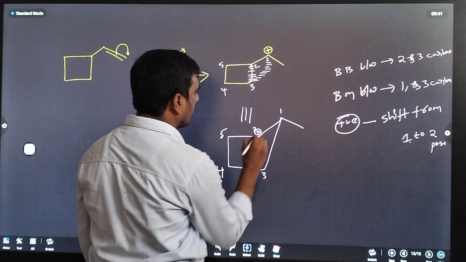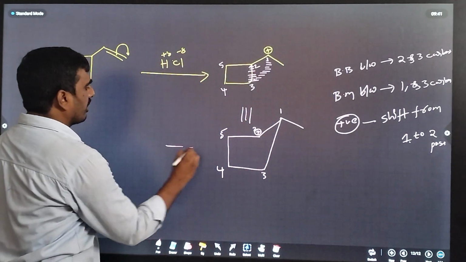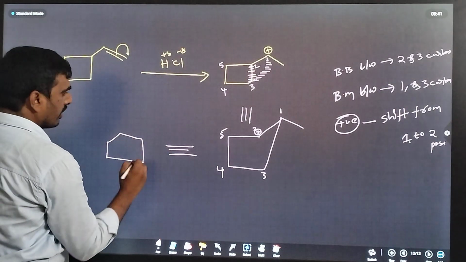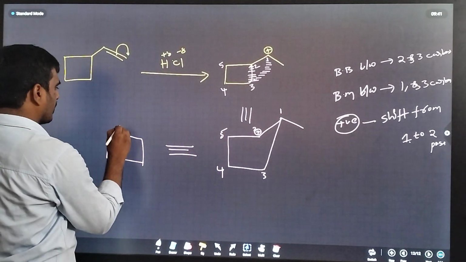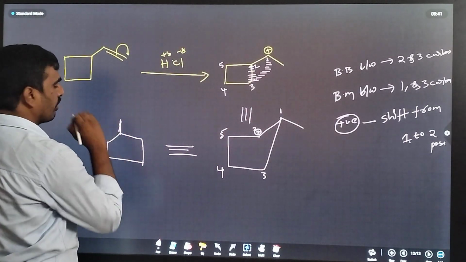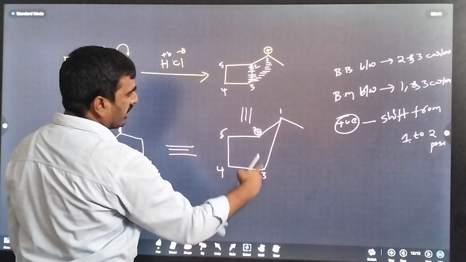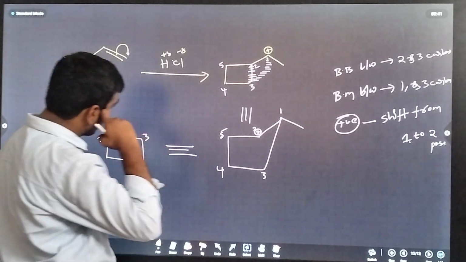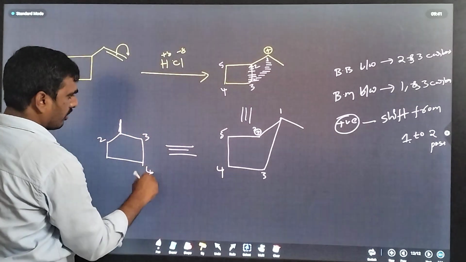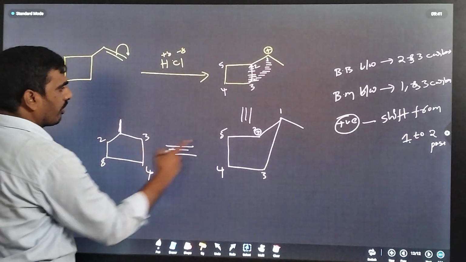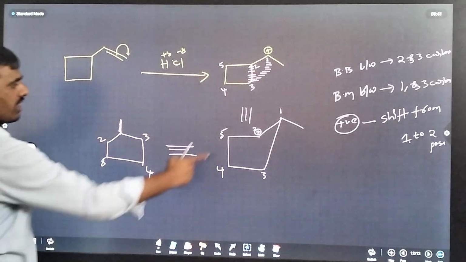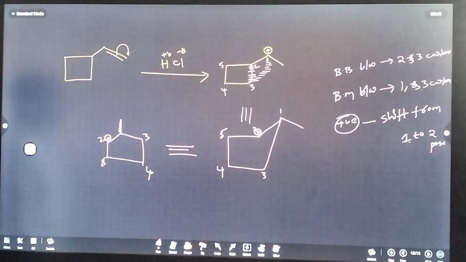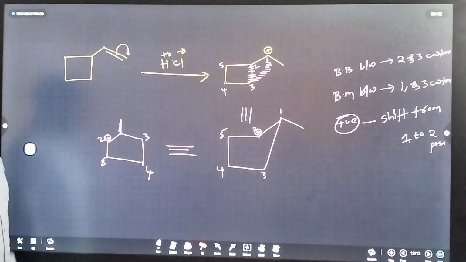I can write this compound another way: a 5-membered ring. This is the first carbon with 1 methyl; the first carbon is connected to the second and third. Third is connected to fourth, 4 connected to 5, and 5 connected to 2. The charge shifts from the first position to the second position. This is the charge.